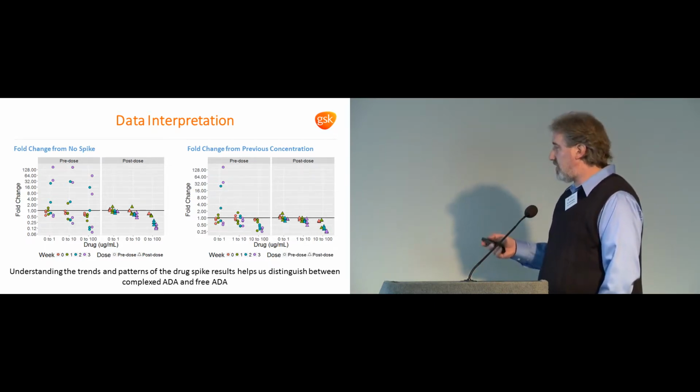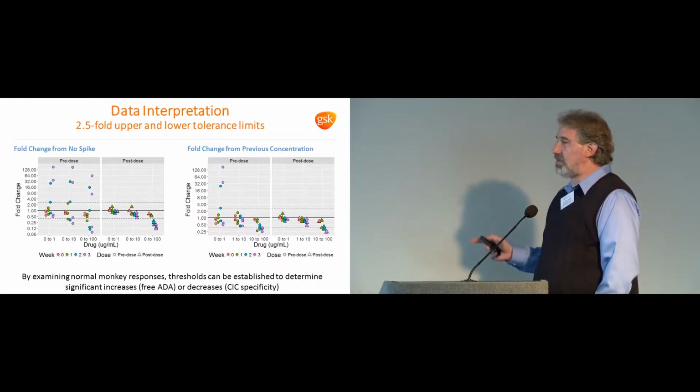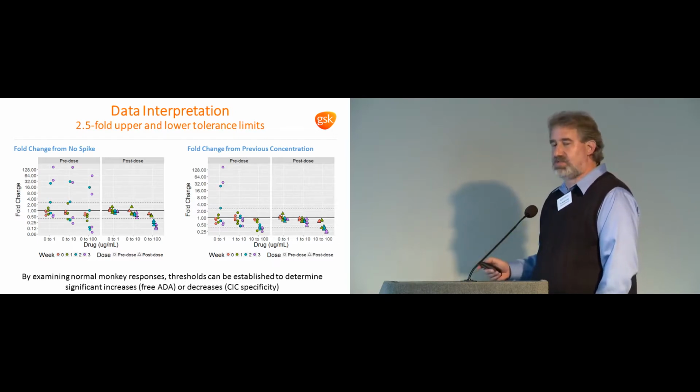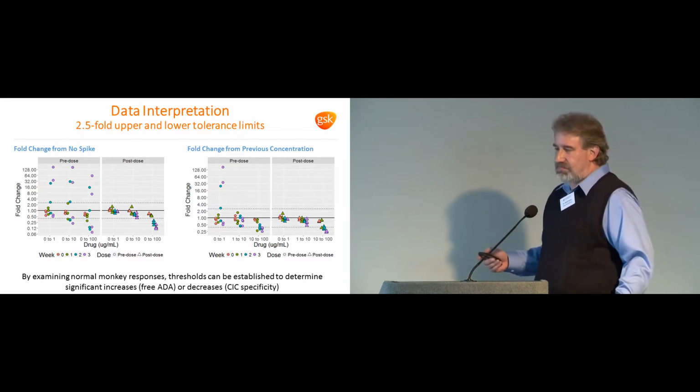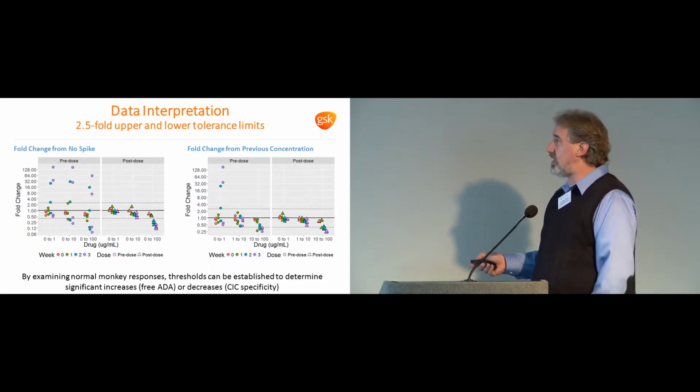And one way we can do that is by asking, how do we determine what's a significant response? Now, for this particular assay, there's only 4 animals. It's a very small sample size. And so we came up with the dreaded arbitrary analysis, and we decided to use a 2-fold change.